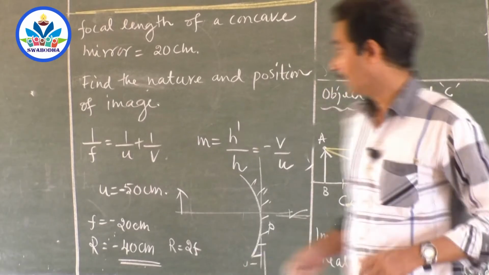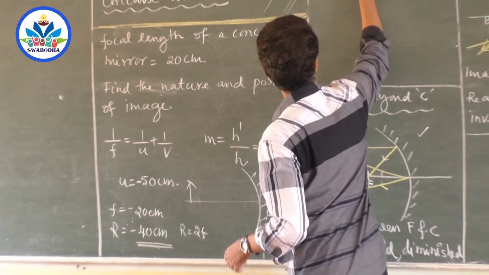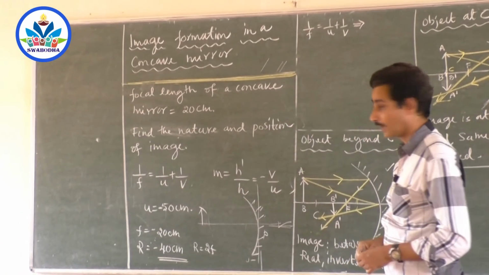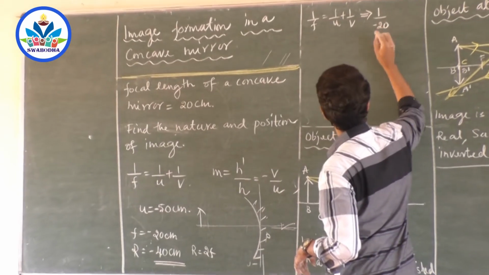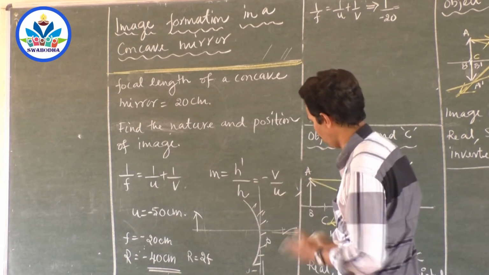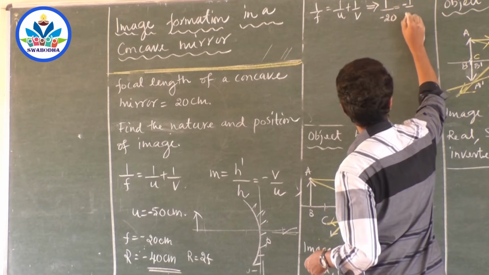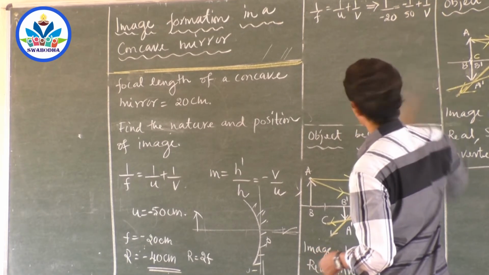We will apply the formula 1 by f equal to 1 by u plus 1 by v. That implies, keep on writing, 1 by minus 20 equal to 1 by u. Where is u? u is minus 50. All the things come on the left hand side. So minus 1 by 50 plus 1 by v, that we don't know.